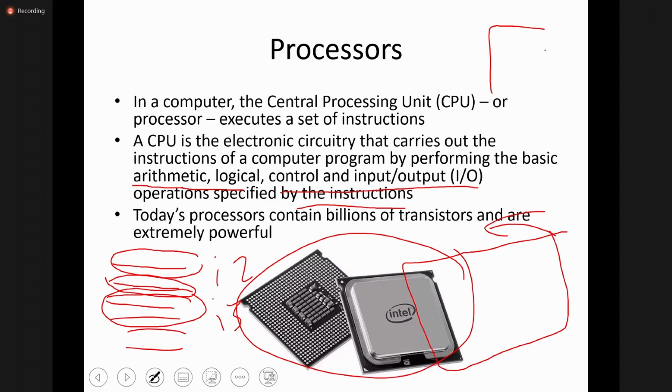So they are keeping the same size, but they are merging different layers on top of each other. This technique saved space on the motherboard. Also, it increased the opportunity to expand the processor.